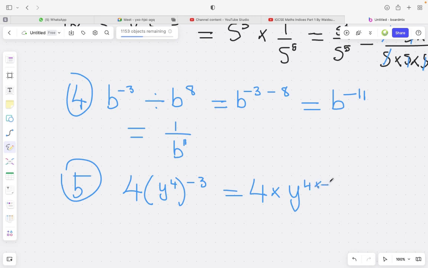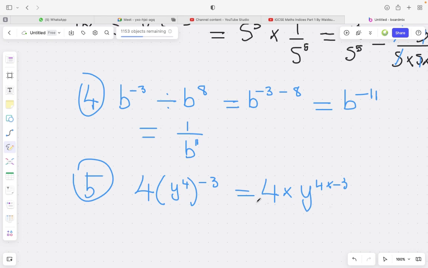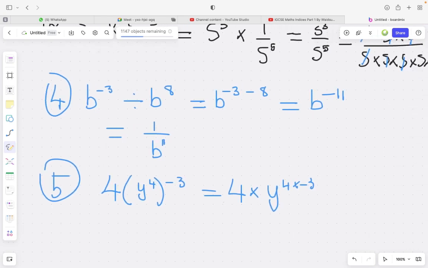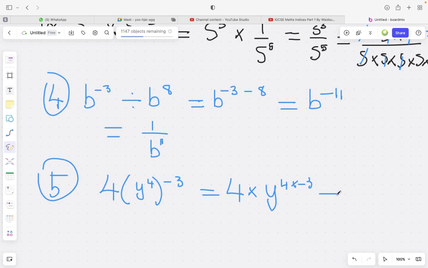So this will be equal to 4y to the power of negative 12, since 4 times negative 3 is negative 12.